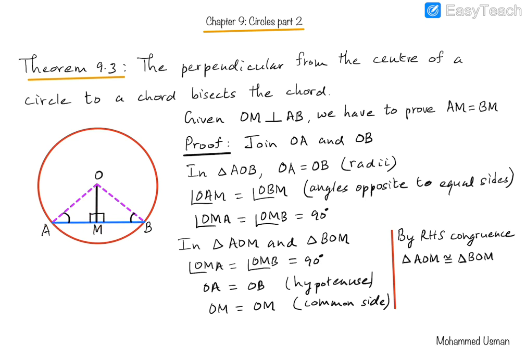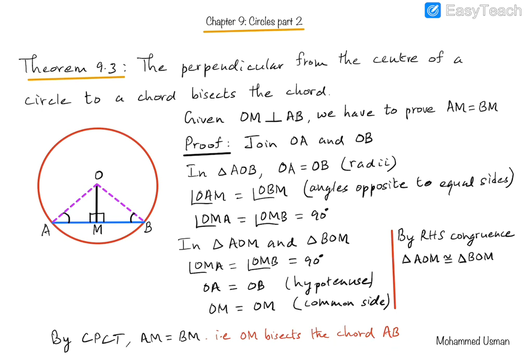That means the perpendicular from the center of the circle to the chord is bisecting the chord. So we'll write that. Since AM is equal to BM is proved, it means that the line OM from the center of the circle to the chord AB bisects that chord AB.